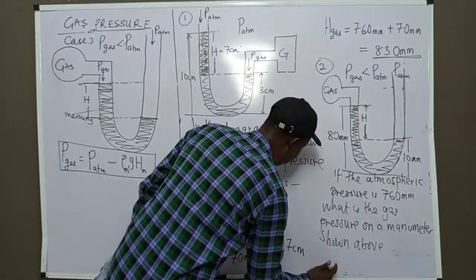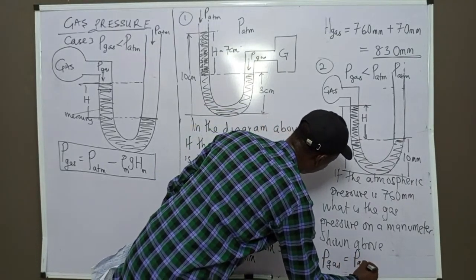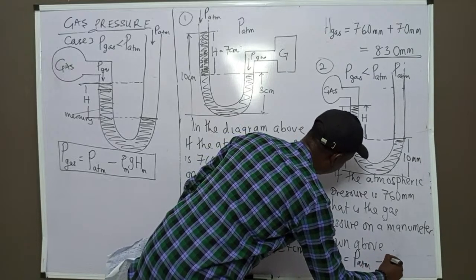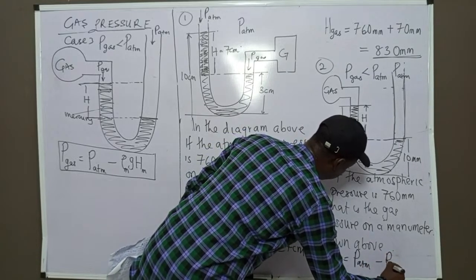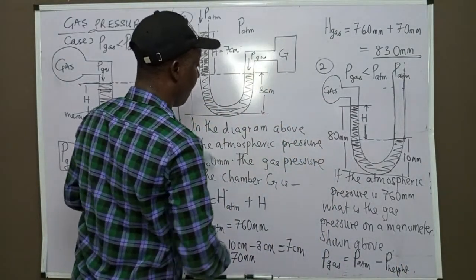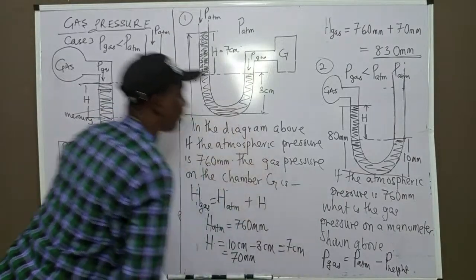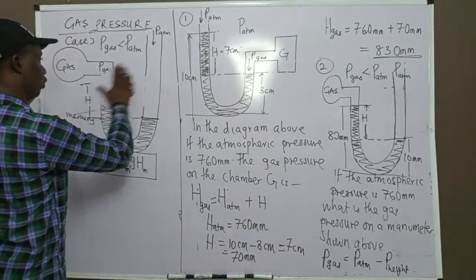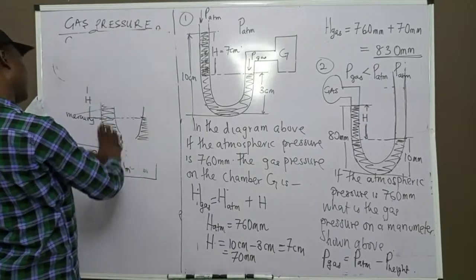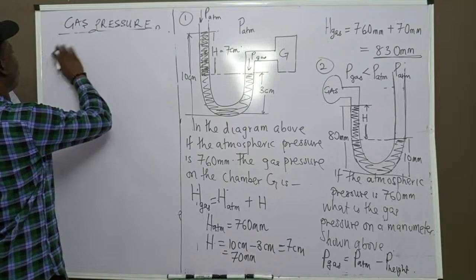So in this case, the gas pressure should be equal to the atmospheric pressure minus the pressure due to the height. Why do I minus? Because the gas pressure should be less than the atmospheric pressure. That is case 3 that we discussed. Now get your height.